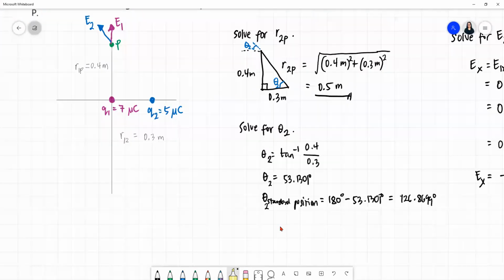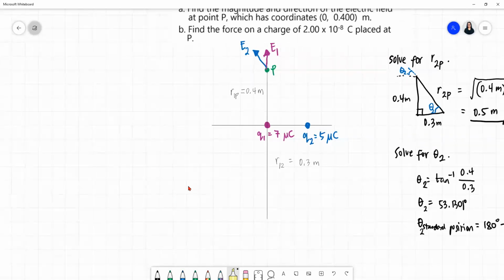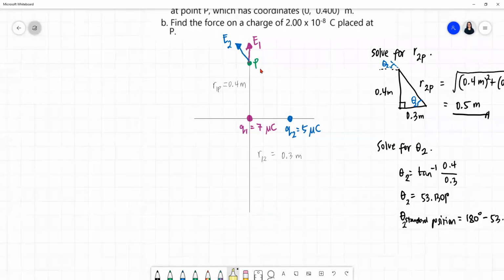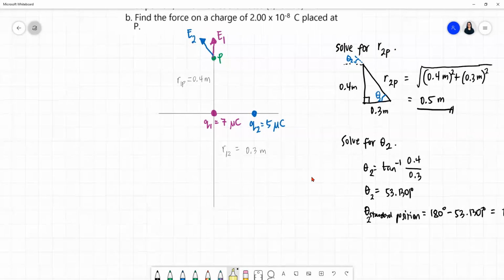So next, for letter B, find the force on a charge of 2 times 10 to the negative 8 coulombs. So we're going to put a charge here instead of just labeling it as point P. So put a charge here. What force will it experience?